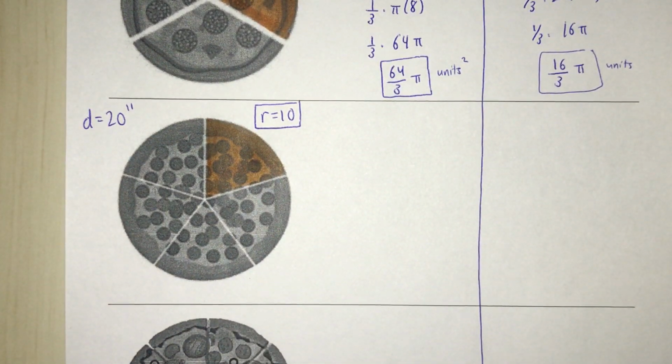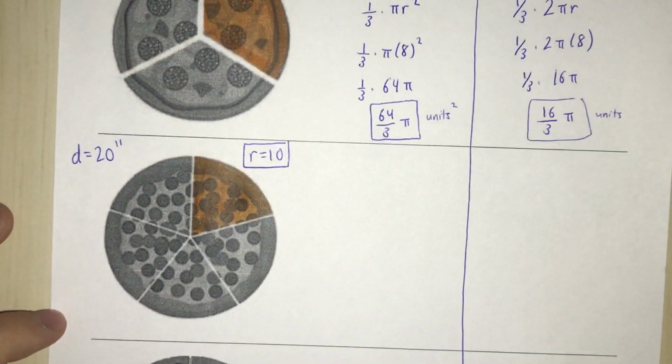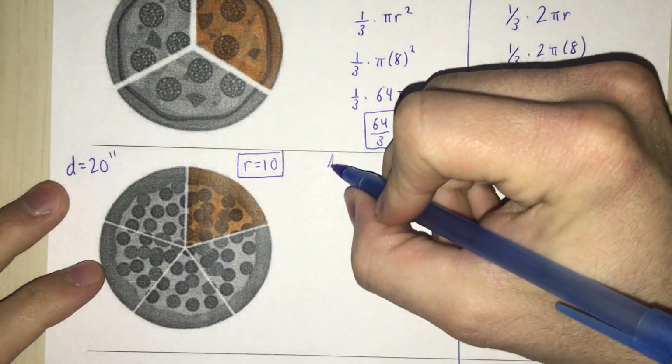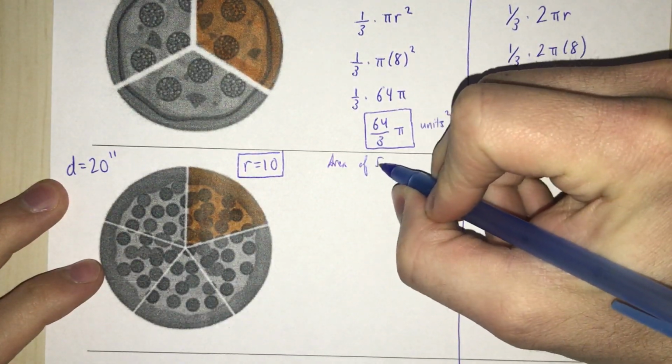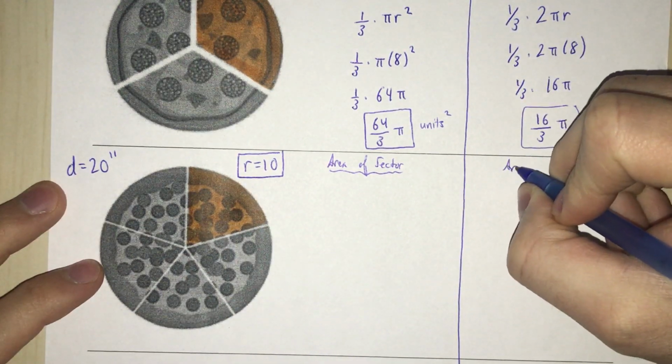Again, in each example, it could be different. We could have smaller slices, we could have bigger slices. In this case, I'm just going to do simple. Maybe this one I'll do a little bit harder. But in this case, 1 slice of pizza. So I'm going to do area of sector, I'll write that so you can remember that. And then arc length again.